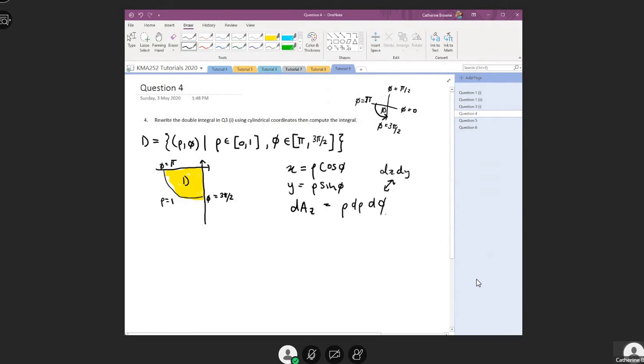Does that make sense? And then your function of x and y is equal to y squared x is now a function of rho and phi.